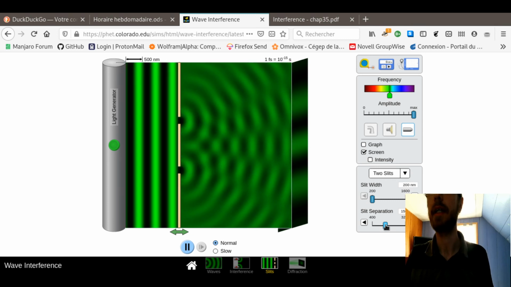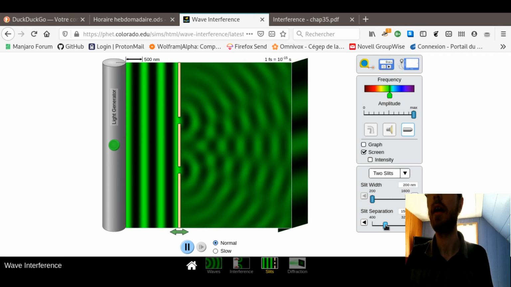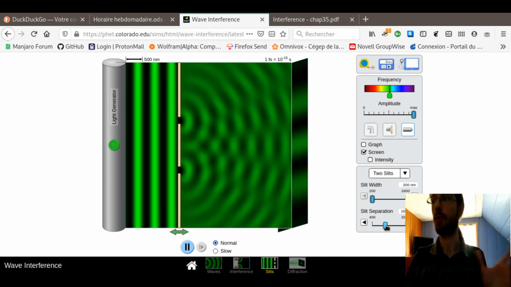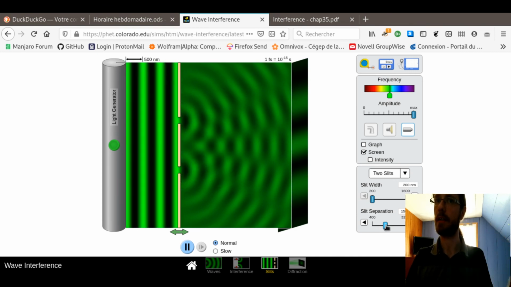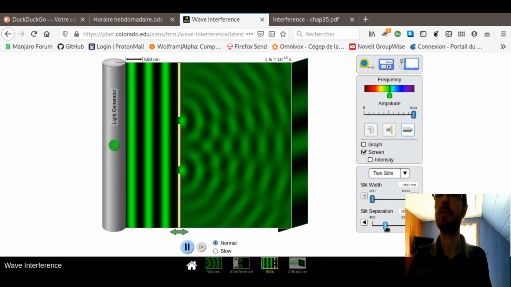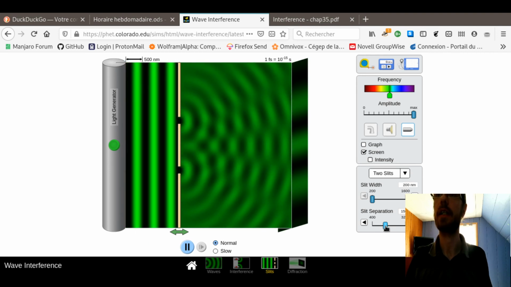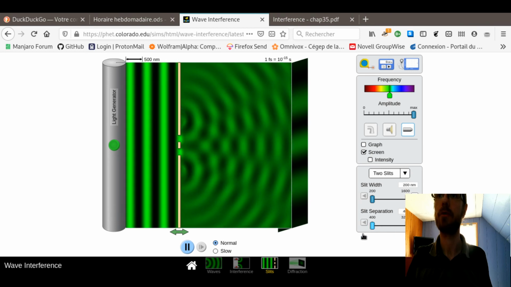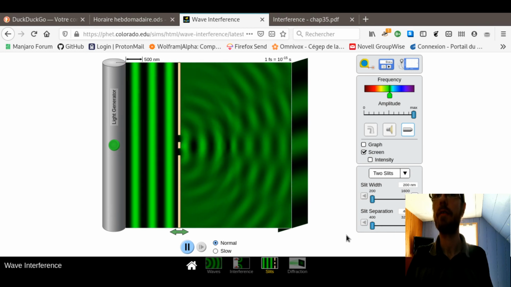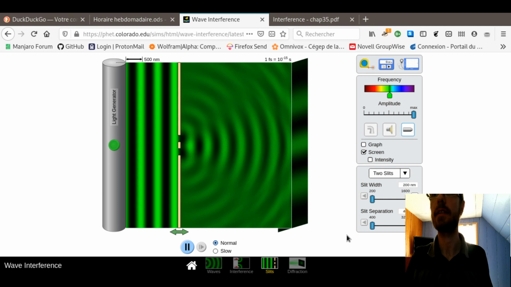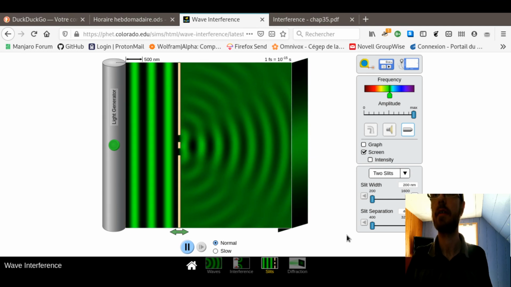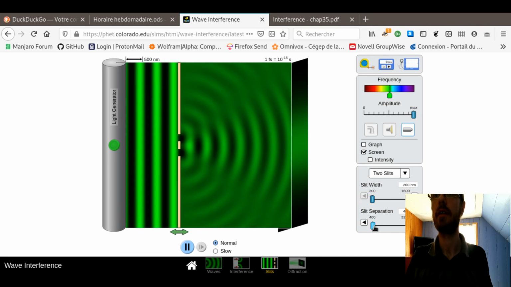If I make it smaller, at first there will be some distortion since the wave will continue to advance, but I'll change the system. So just give it a few seconds to calm down. If I bring the two slits closer, it gets a little bit weird.